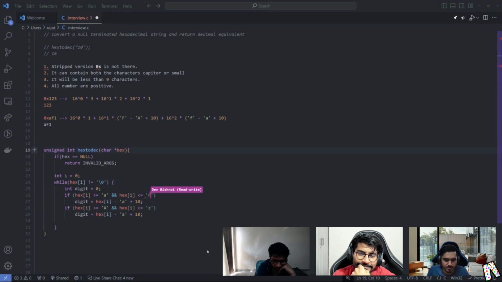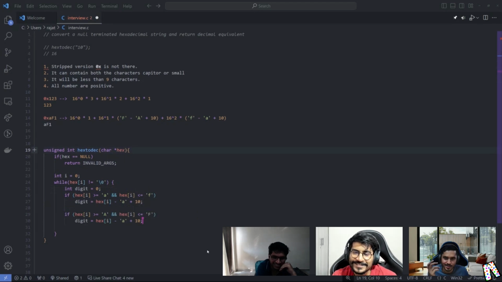It should be F. Oh man, that's embarrassing. But anyway, let's assume there won't be any error. I usually figure out if it is an alphabet character or not, and that's where I used Z. Instead of that, I should use only F. Then hex[i] minus, here I need to use capital A.